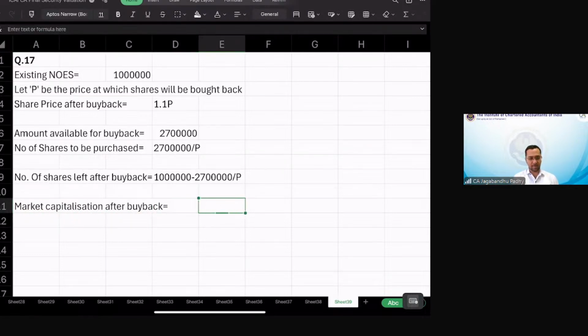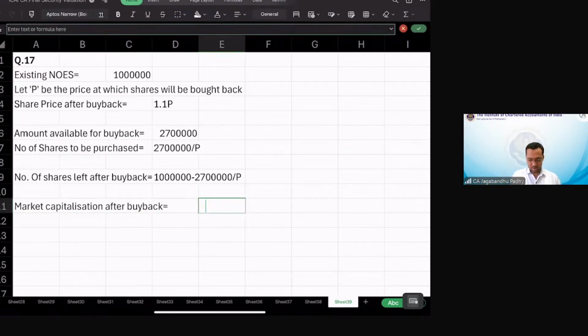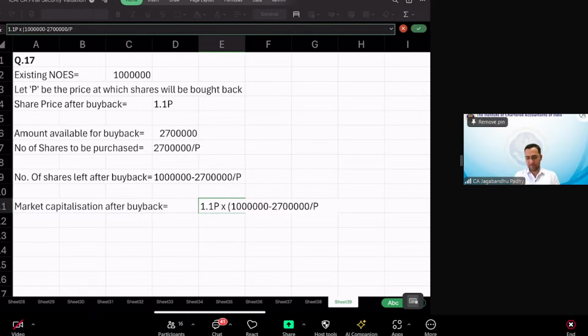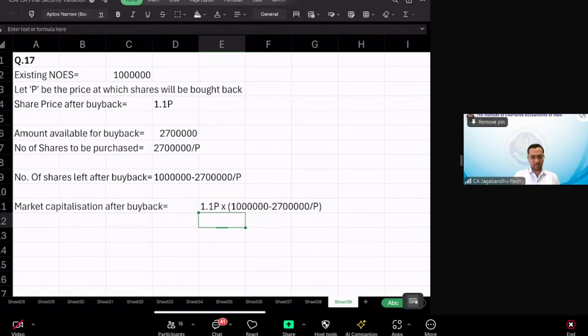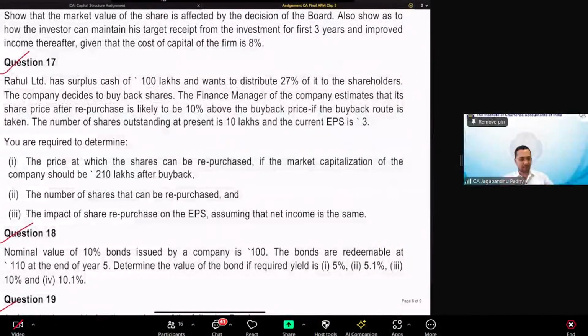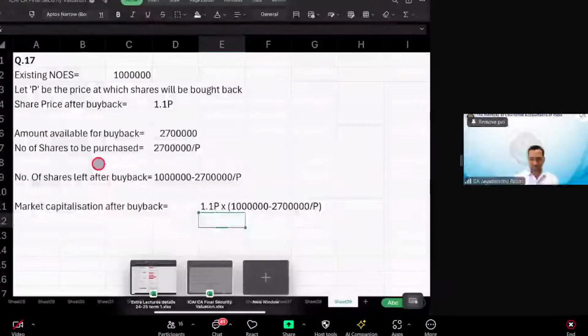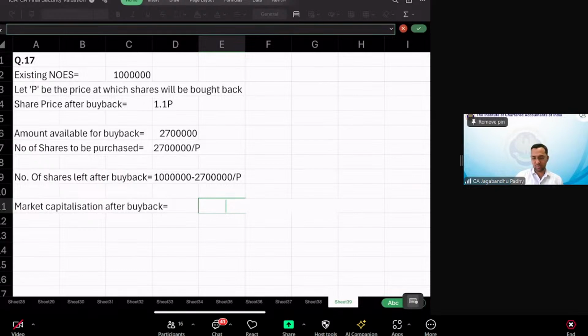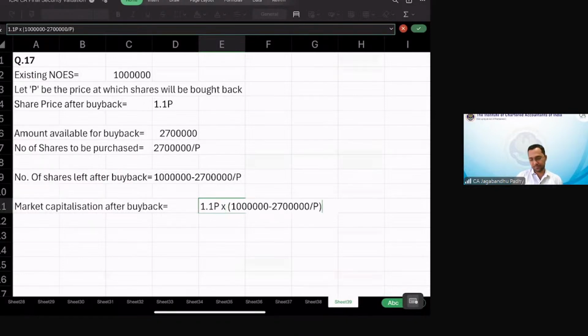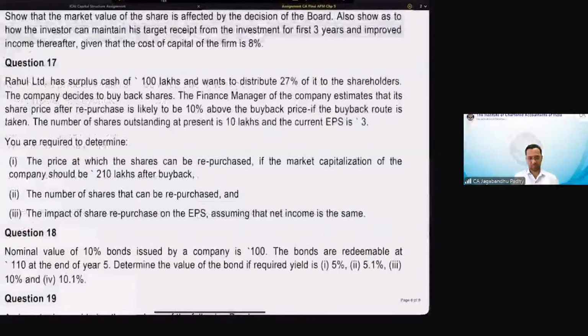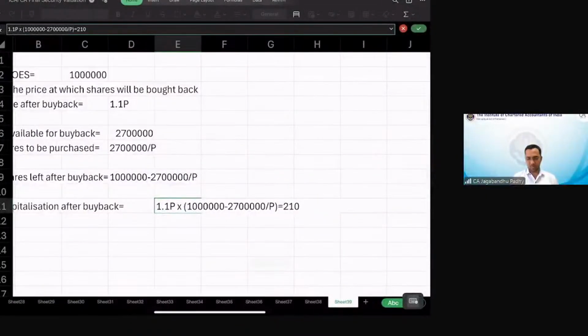It will be 1.1 P multiplied by 10 lakh minus 27 lakh divided by P. And the market capitalization that we want after buyback is 210 lakhs.